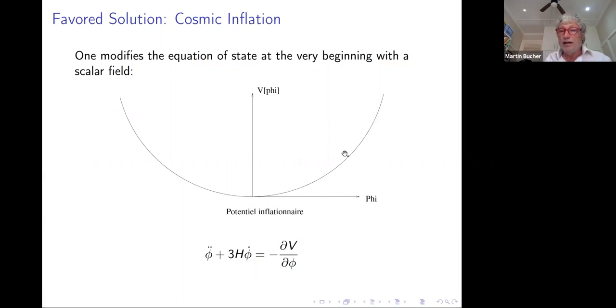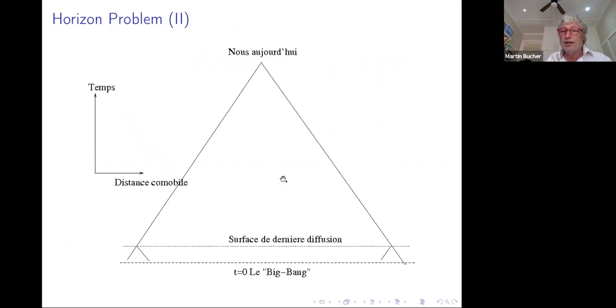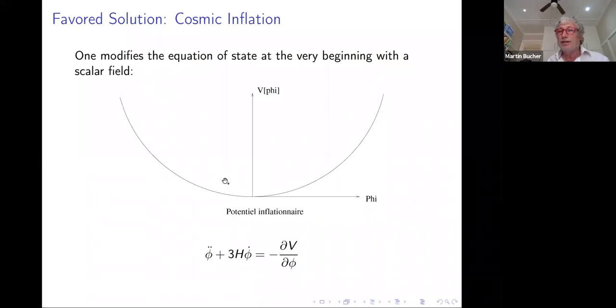Otherwise, what you've learned is correct. You can ignore this first derivative term. And what we want to do to solve this problem is we want to have the expansion of the universe speed up less quickly as you go back in time, and then we can make this integral diverge.